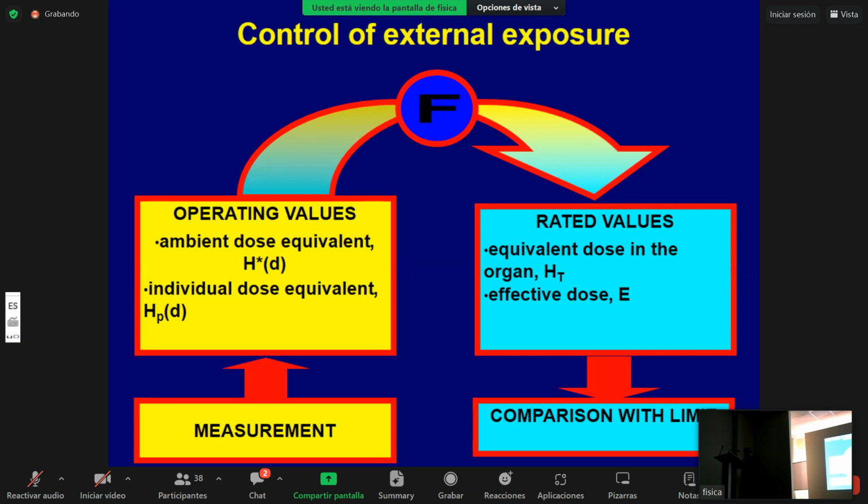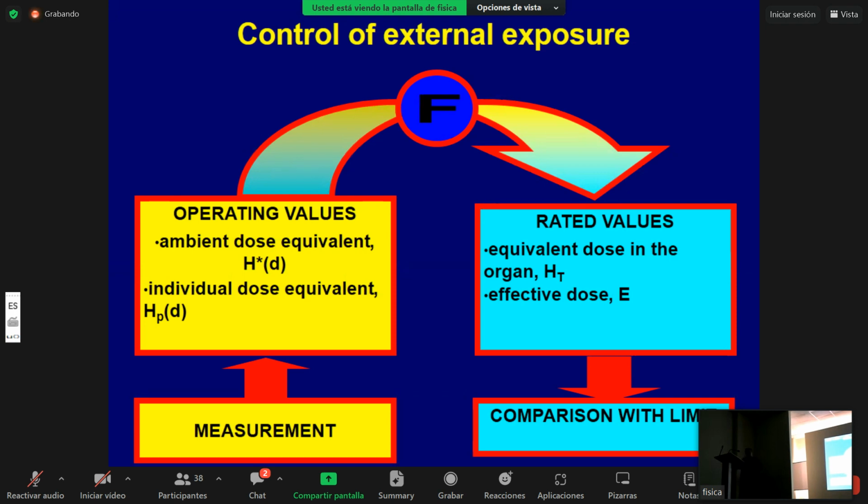The ambient dose equivalent is used to parameterize the radiation field at a point coinciding with the center of the ICRU spherical phantom, a sphere of 30 centimeter diameter made of tissue equivalent material.